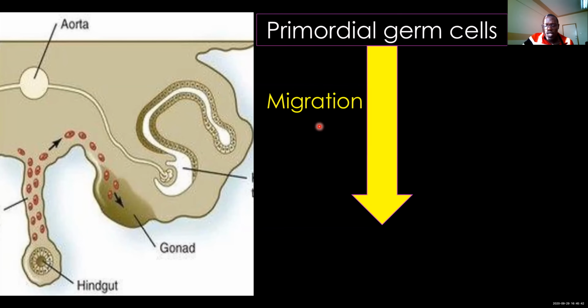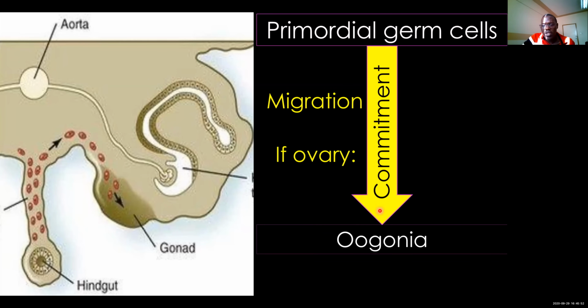If this developing gonad is the ovary, then these primordial germ cells become the stem cells for forming the oocytes. These stem cells are known as oogonia. That is step one or phase one of gametogenesis, the origin of the gamete stem cells. This is similar to what you've seen in spermatogenesis.